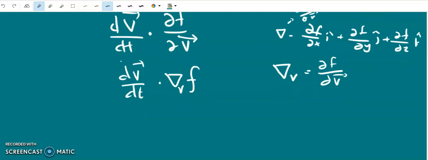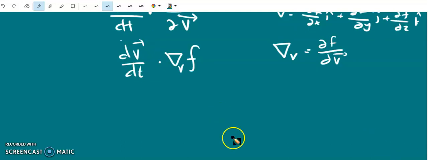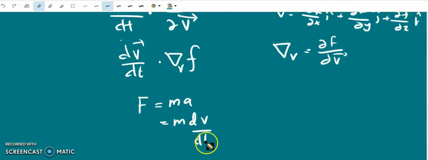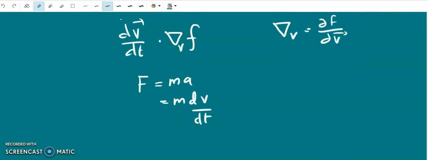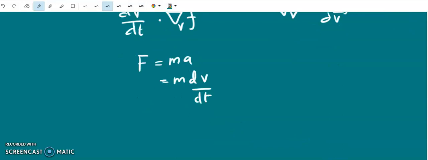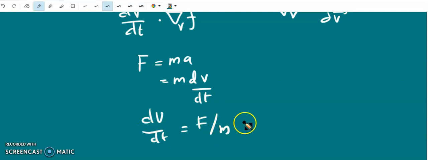And we know that according to Newton's law, F is equal to m into a, or m into dv by dt. And therefore dv by dt, the acceleration, which is the rate of change of velocity, is equal to F by m.